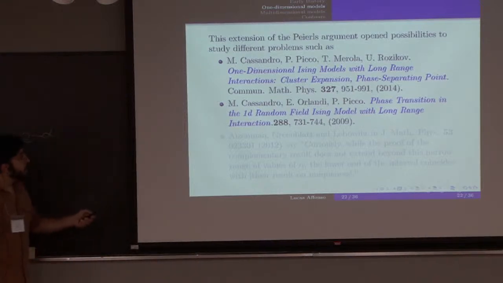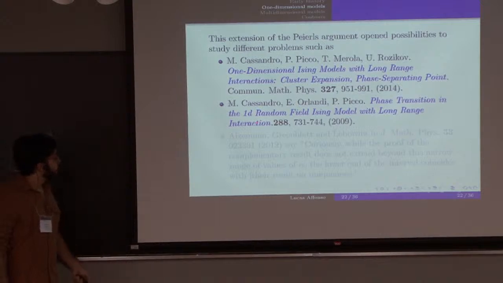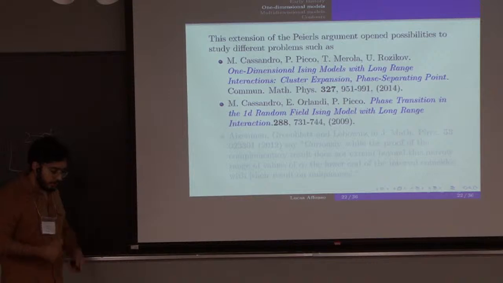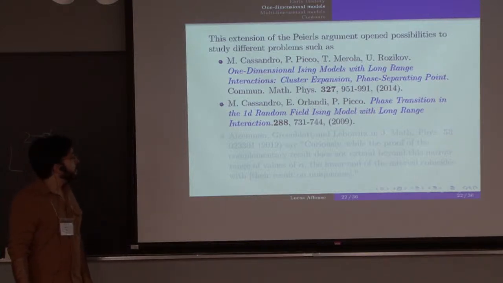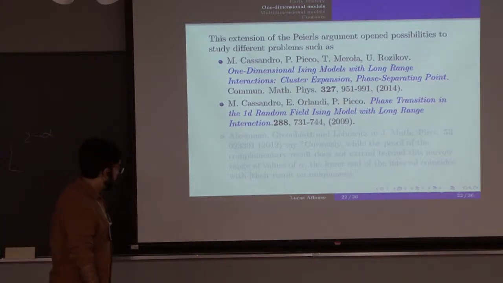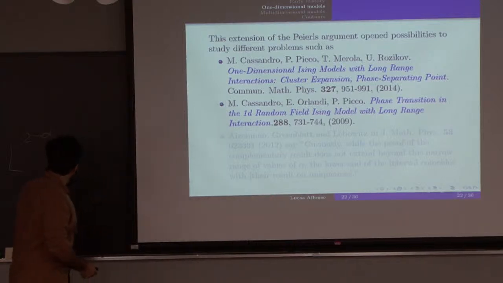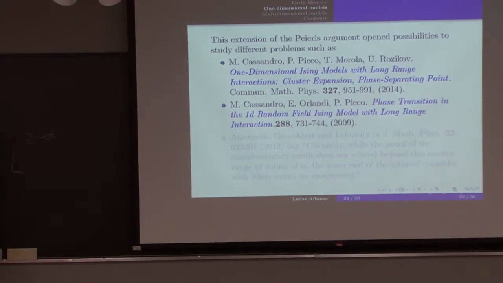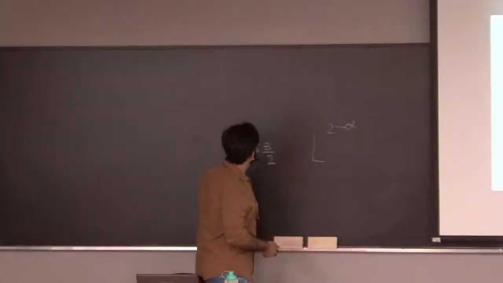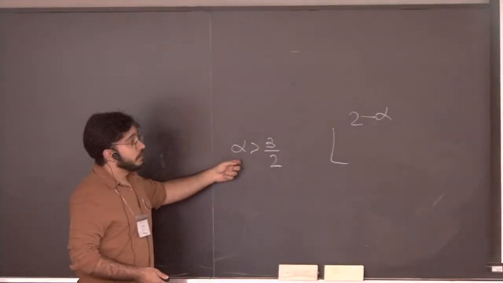And I must tell why this is nice, because there is a very famous result on uniqueness by Aizenman and Wehr that works only in dimension 1 and 2. But what happens is that their uniqueness for long-range systems in dimension 1 and 2 depends on the decay. What they say for dimension 1 is that if alpha is larger than 3/2, then there is uniqueness.